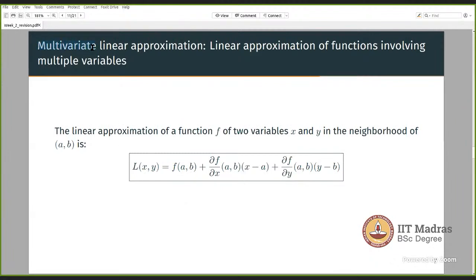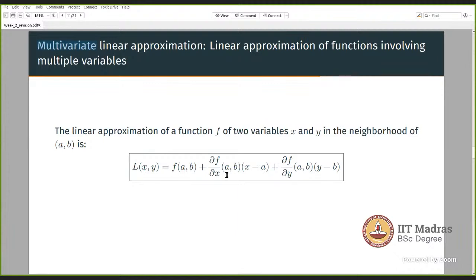Now, how do we find linear approximations for multivariate functions is what we are looking at now. That is again very simple, and also a generalization of the equation that we just studied. When you have a multivariate function, you don't compute the derivative, you compute the partial derivatives. Basically the gradient, which is a vector of partial derivatives.